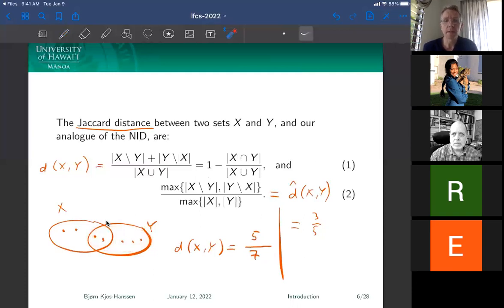Okay. So both of these definitions give us a nice metric on these sets, but now one could wonder, is one of them better than the other? And maybe are there other alternatives that are better than both of them?